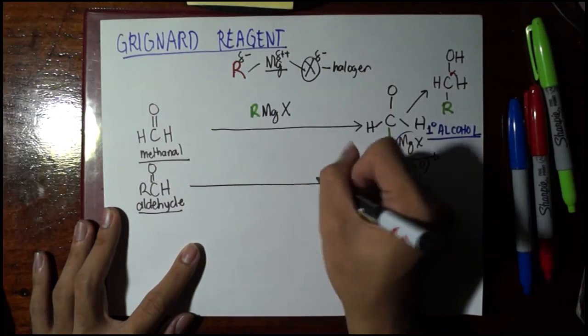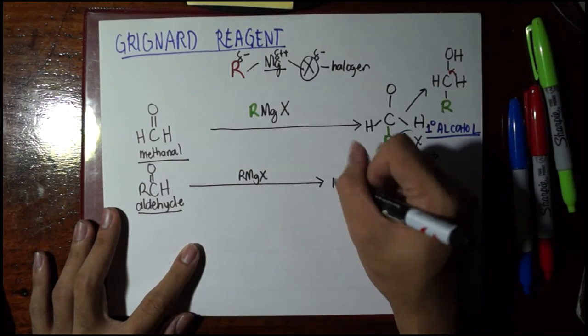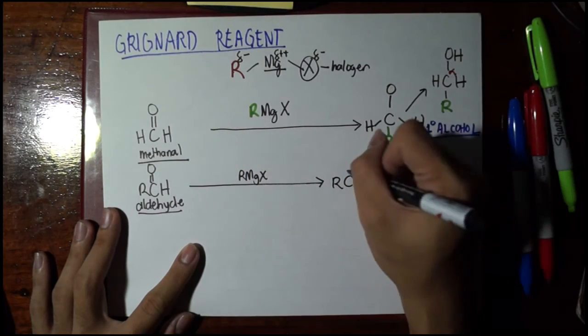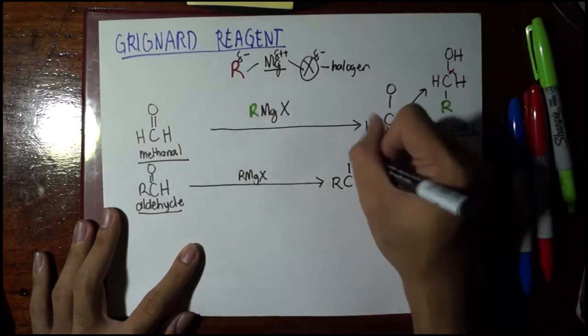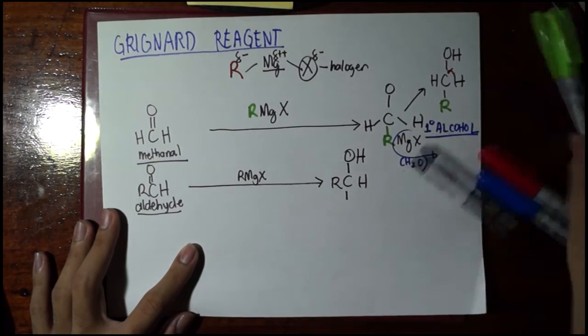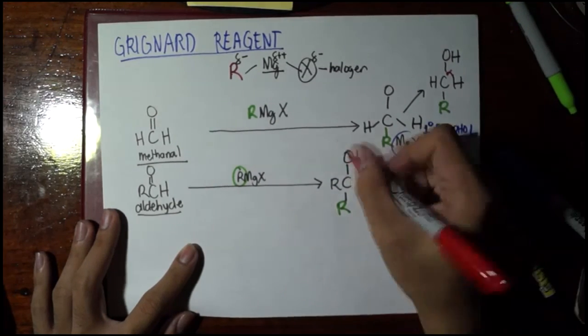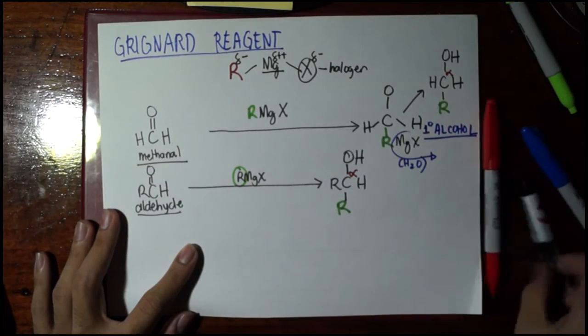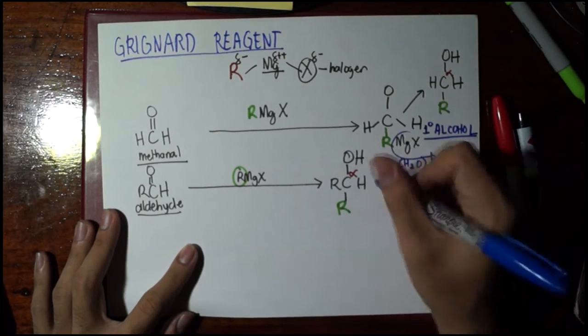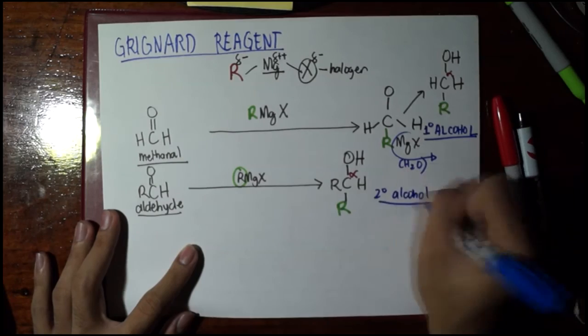Let's use the same Grignard reagent. So basically what happens, we remove one pi bond, we make it H, then the R from this will bond. Now we have the alpha carbon containing two R's as its substituents. We now form a secondary alcohol. Simple.